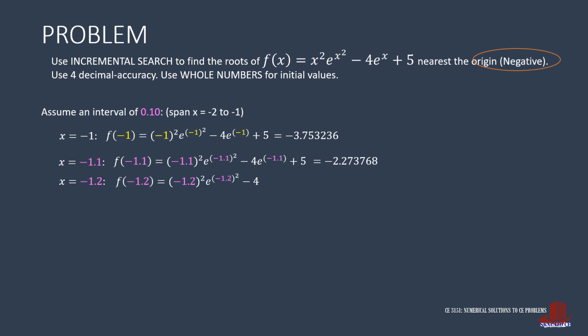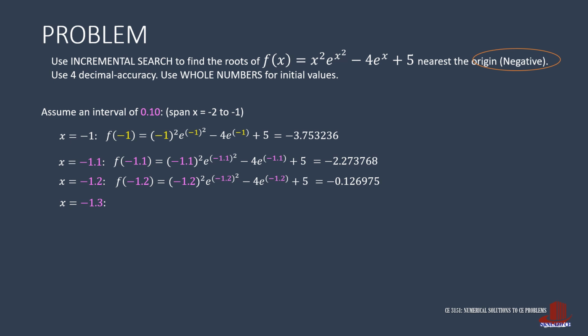Take another increment with negative 1.2. The function then is negative 1.2 squared with e raised to negative 1.2 squared, minus 4e raised to negative 1.2, plus 5, giving negative 0.126975. This is still negative, so take another increment.